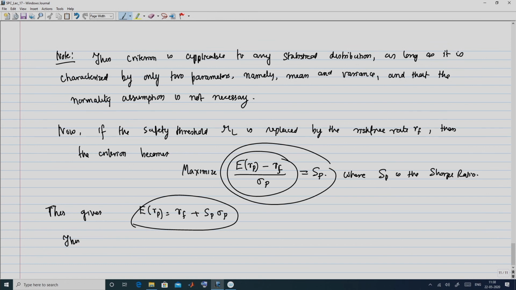This is a straight line in the sigma_p, E(R_p) space with intercept R_f and slope S_p. Remember, this is in the sigma_p, E(R_p) plane. So, S_p is the slope and R_f is the intercept.